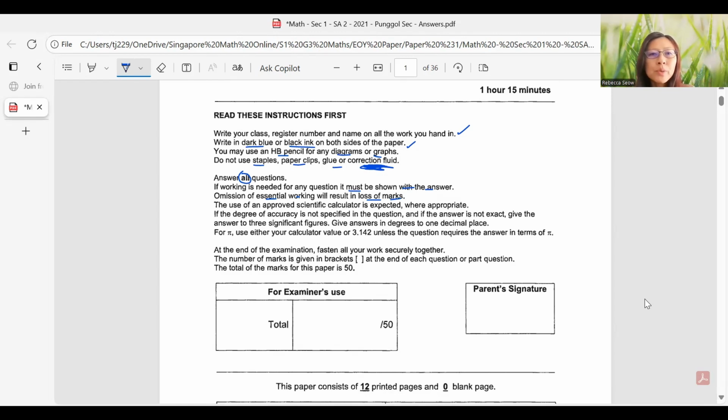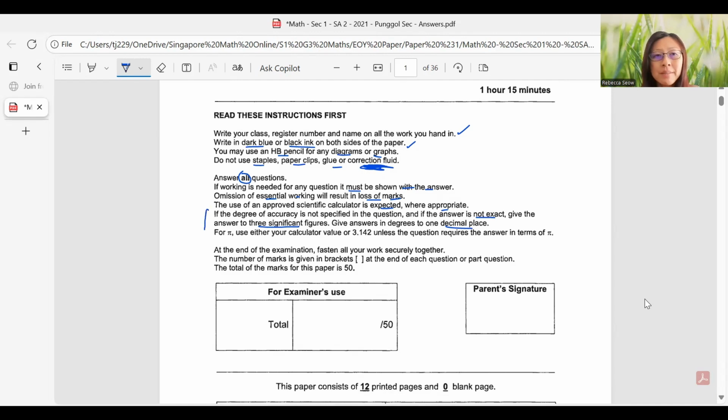The use of an approved scientific calculator is expected where appropriate. Okay, the questions will tell you when you cannot use a calculator to work out the answer and when you can. If the degree of accuracy is not specified in the question, and if the answer is not exact, give the answer to 3 sig fig. Give your answers in degrees to 1 dp.